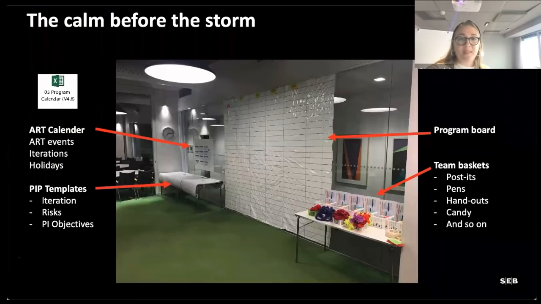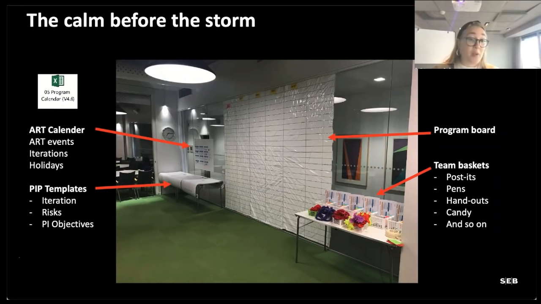Bumping back to this picture maybe. And I think you can do the exact same thing in a digital environment, and that's what I've been doing as well in the pandemic, and that's what I've been coaching in as well, to actually visualize the iterations. I've seen a lot of good RTEs being super creative in Excel and recreating these templates.